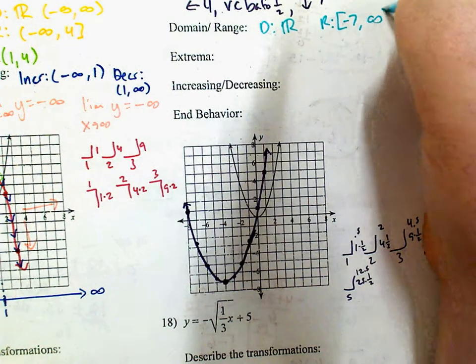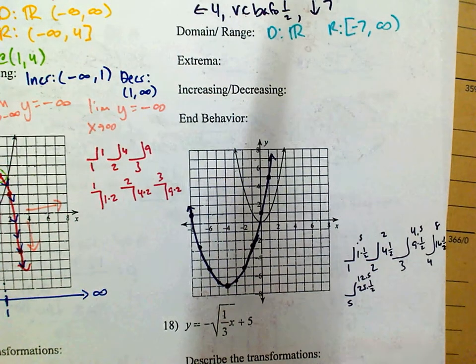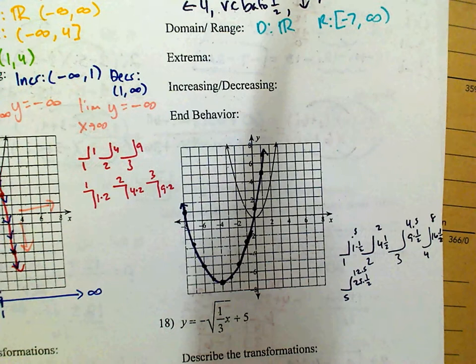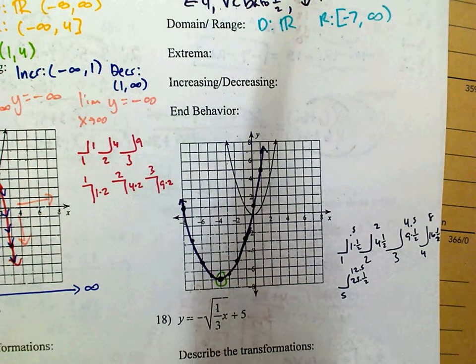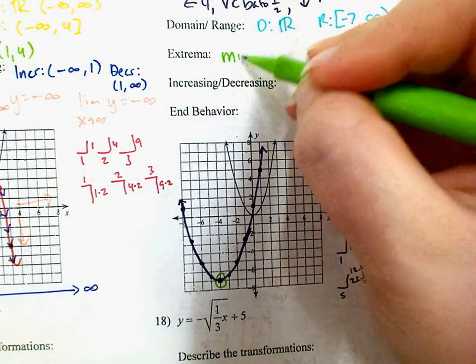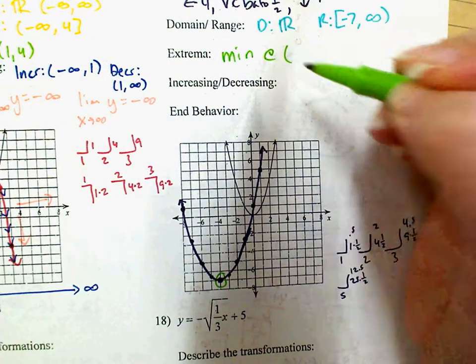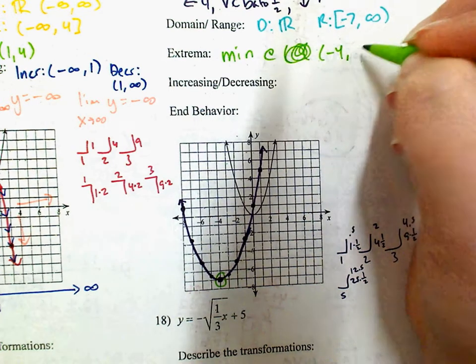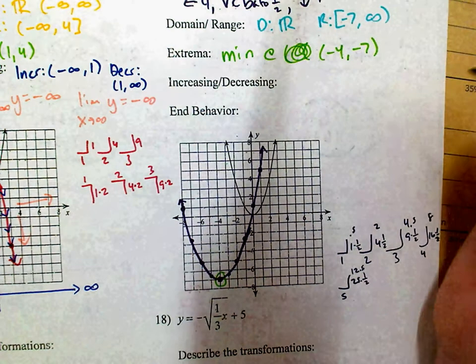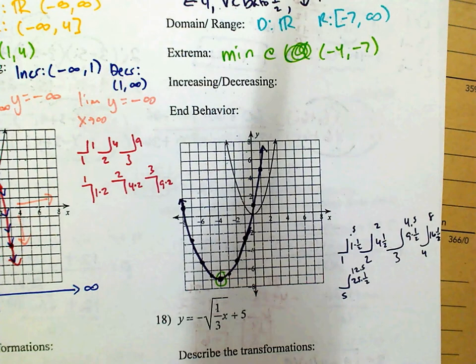Extrema, well, the vertex is the low point on the graph, so it is a minimum, or a min, at the point -4, -7. My function starts off decreasing. If you look at the way the parabola goes, it would start from the left and then go down.